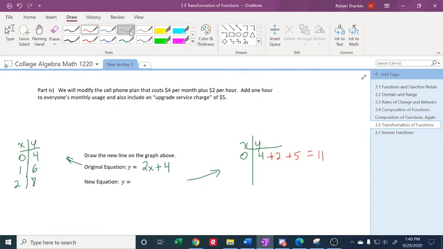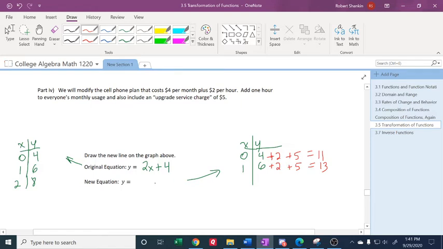Okay, so if they had 1 hour, it would give you the same price as before, but plus an extra $2, plus an extra $5. You can see it'll wind up adding $7 to everybody's price.